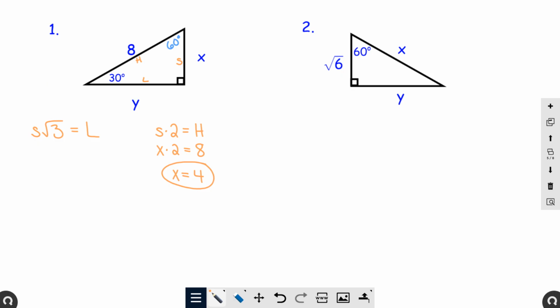That's all you got to do. Now we know the short leg. So now we're going to take the short leg and we're going to put it in this formula here. So short leg times the square root of 3 is the long leg. So 4 times the square root of 3 is Y. Done. That's solved, right? We don't have anything to do.